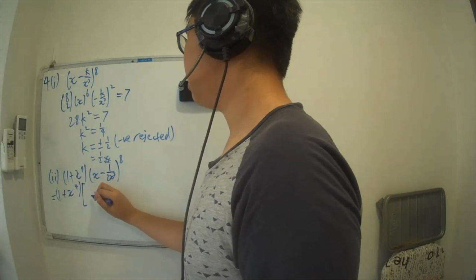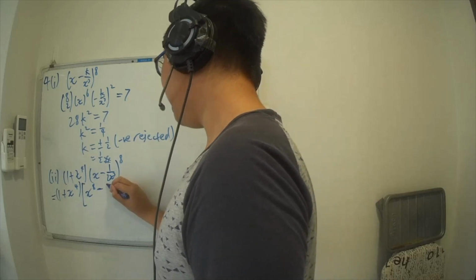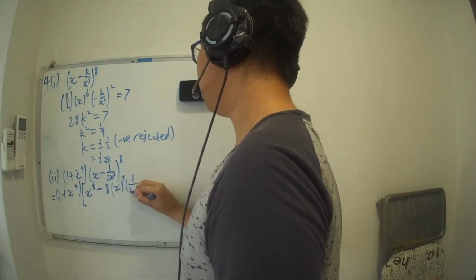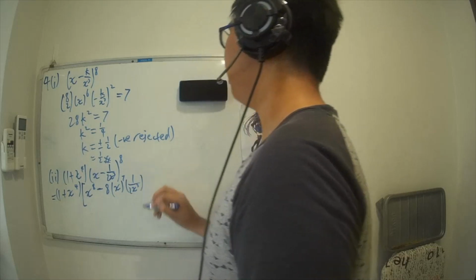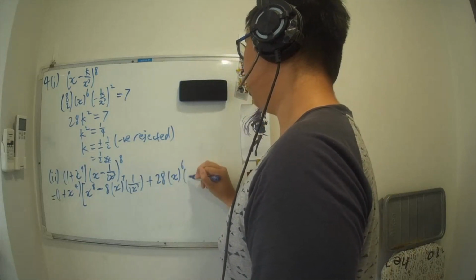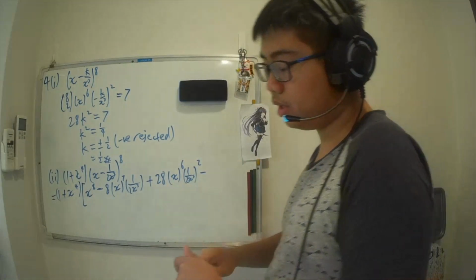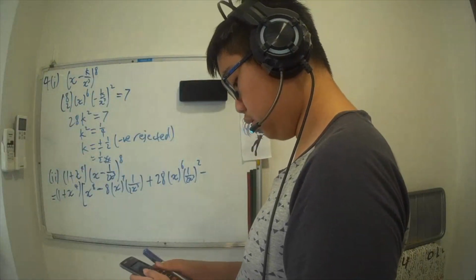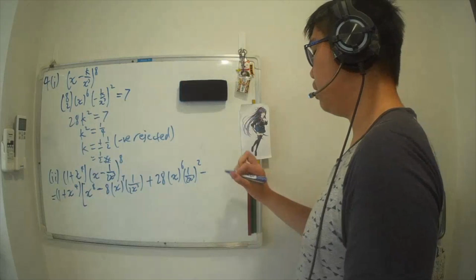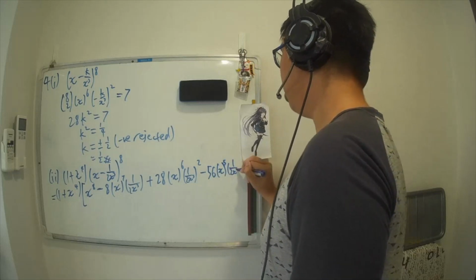So we have x to the 8, minus 8 times x to the 7 times 1 over 2x cubed, plus 8 choose 2, which is 28, x to the 6 times 1 over 2x cubed squared, minus 8 choose 3, which is 56, so we have minus 56 x to the 5th power and this 1 over 2x cubed raised to the 3rd power.